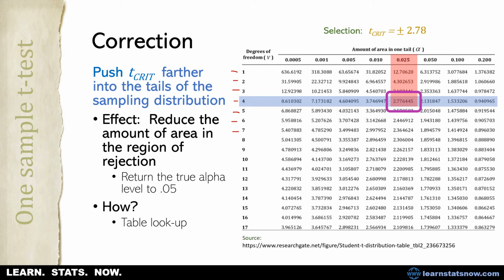The critical value that shows up is completely a function of how big our sample size is and the corresponding degrees of freedom. If we change that, we're going to have to do a new lookup. So there's a family of t distributions that we're concerned with, not just one t distribution for sampling error.